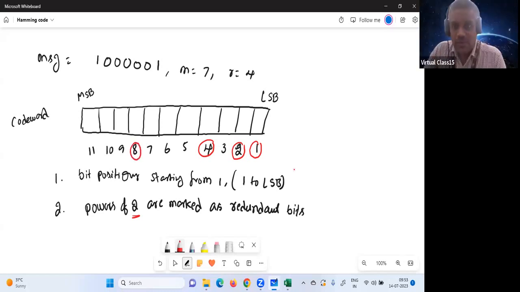These are all the powers of 2 bit positions, and they are nothing but your redundant bits. We have to compute the redundant bits later. So far I am just writing R. R stands for redundant bits. Since we have already used small r, I am using capital R.